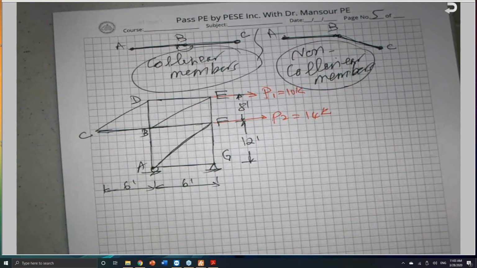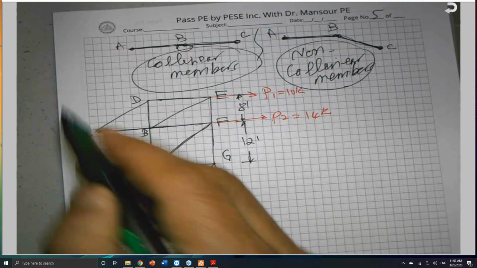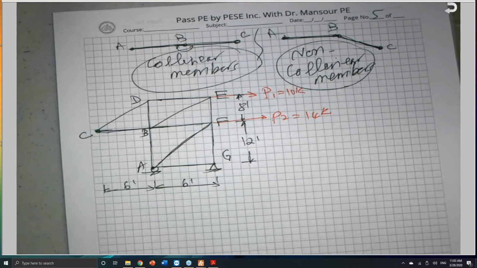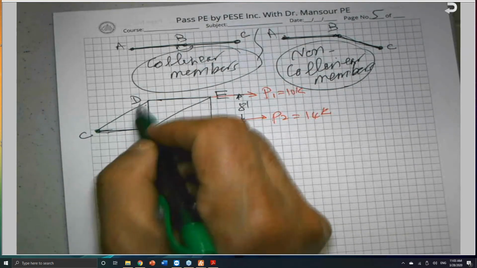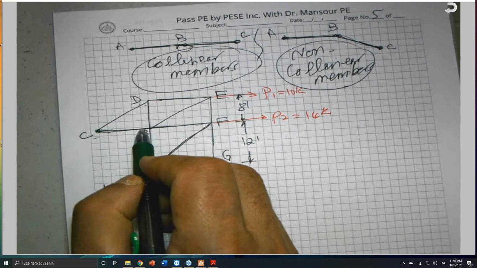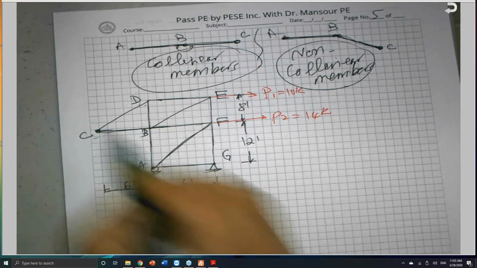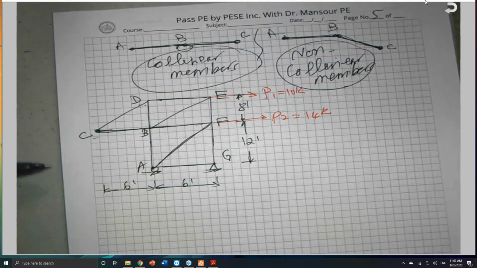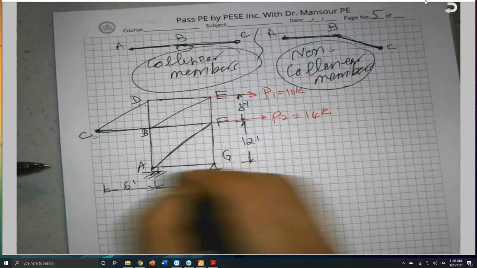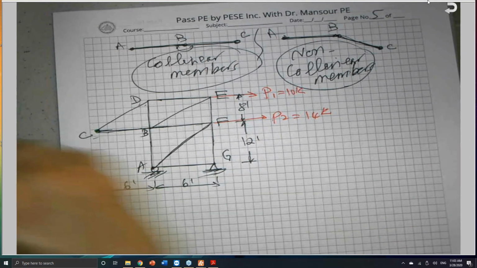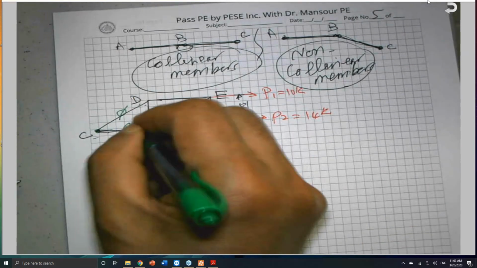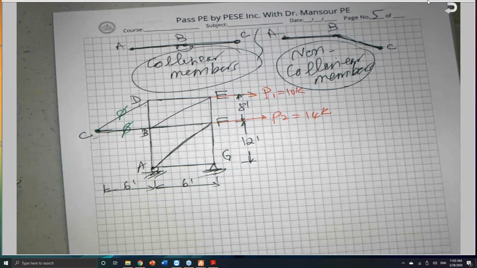If I come to this joint here, two members, CD and CB, are forming a joint, and there is no load and support. They are far away from support. So blindly, these two members are zero force members, 0 and 0. This is what is meant.